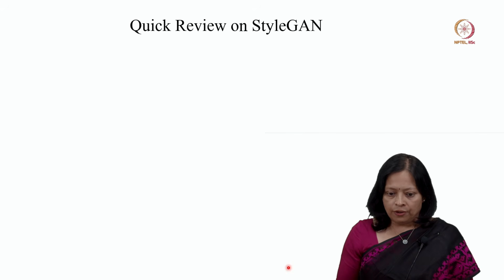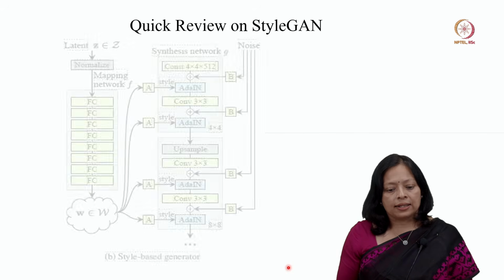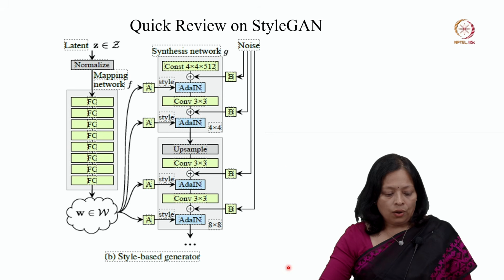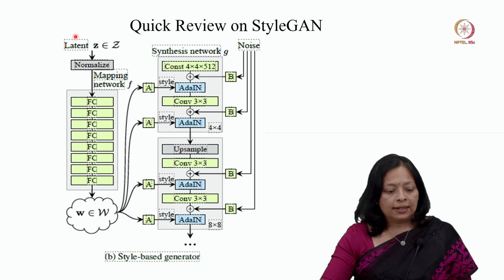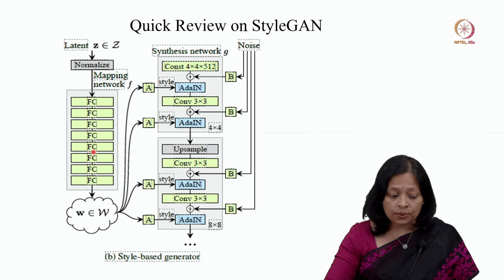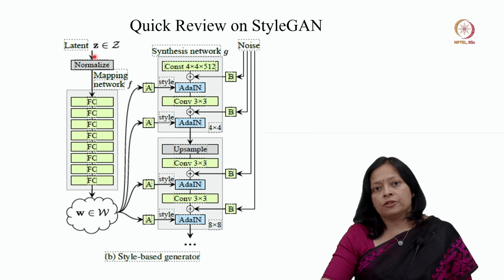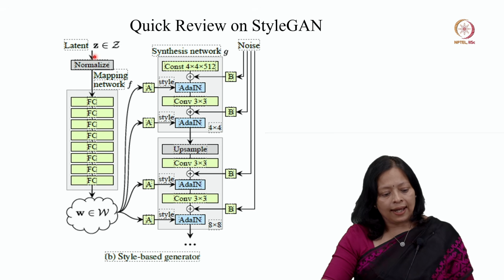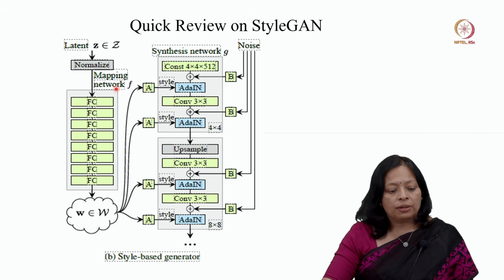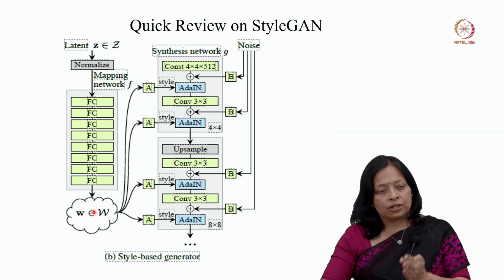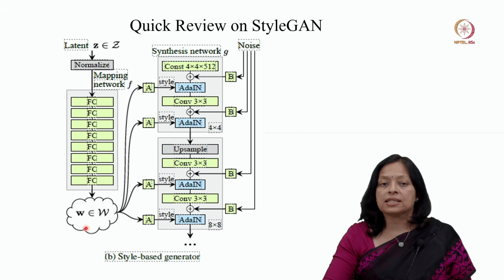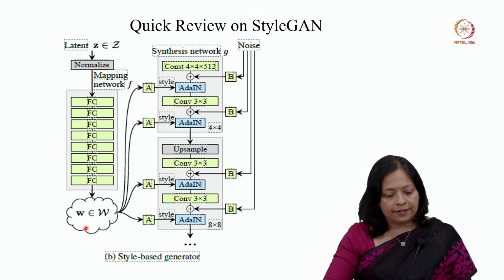So, we will have a quick review of StyleGAN 1. What was the architecture of StyleGAN 1? We know that in StyleGAN the input from the latent space goes through the mapping network. The latent space is an entangled latent space where all styles are entangled, and after going through the mapping network it gets transformed into another space, which is a disentangled latent space.